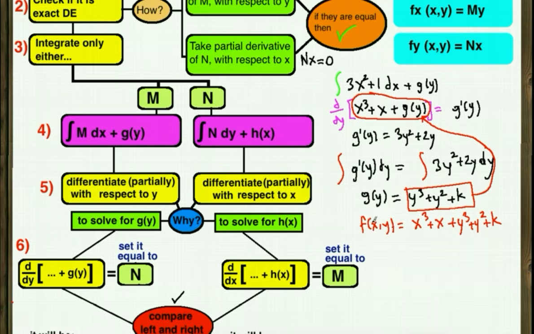Now we're going to substitute f of x, y with c. C equals x cubed plus x plus y cubed plus y squared plus k. And if you merge this constant k and c, which is going to be c minus k, is again a constant, so you can keep it as it is. X cubed plus x plus y cubed plus y squared equals c.